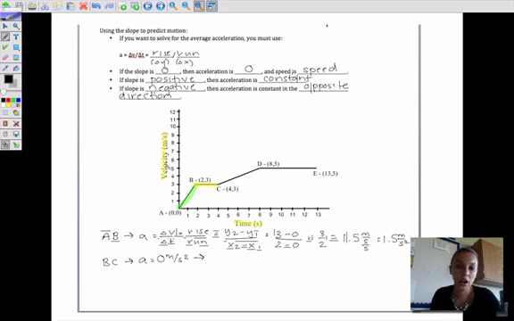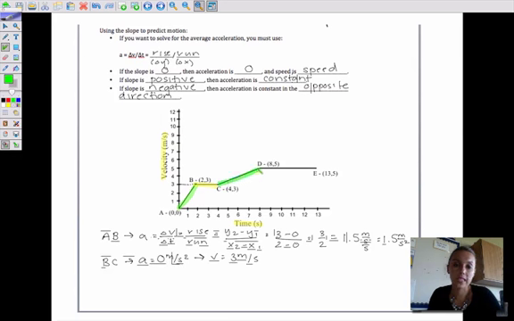So if we look at our y-axis and we see the y-coordinates and we go over here, we'll see that our velocity is equal to 3 meters per second. So just because the acceleration is 0 doesn't mean we're not moving. Because remember, acceleration is the change in our speed, not completely stopping.